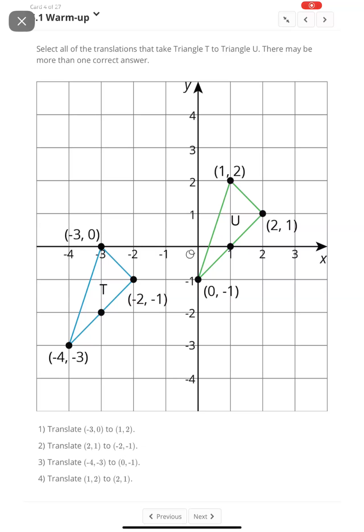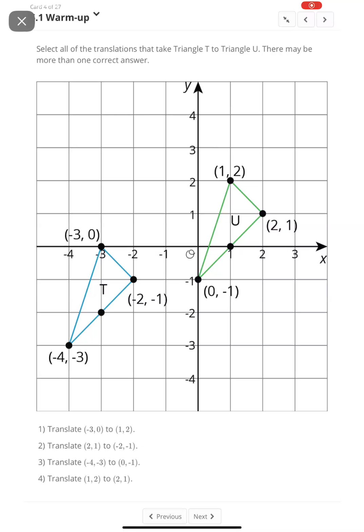Then try to slide or translate that sheet of paper across the screen and match it up with the green triangle. What you will find is that they're exactly the same size and same shape. What that means is that translation only changes the location of the shape. It does not change its shape, and it doesn't change its size.